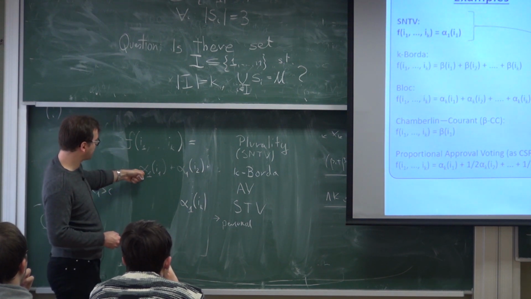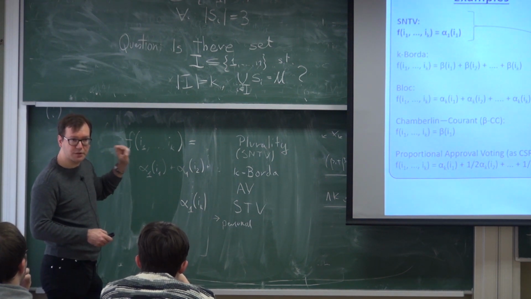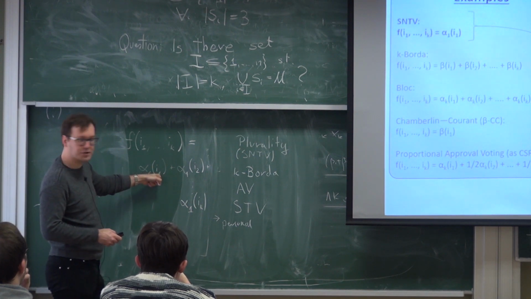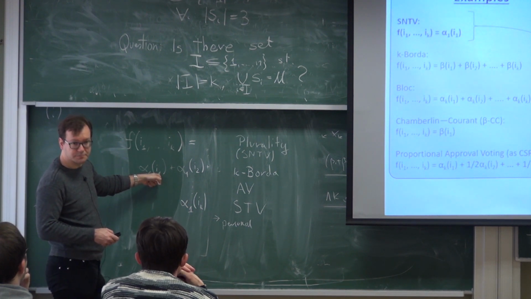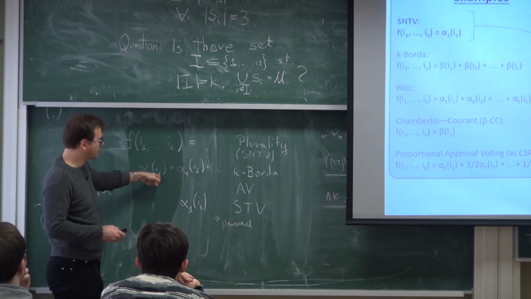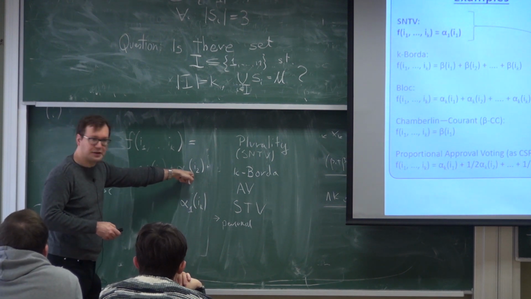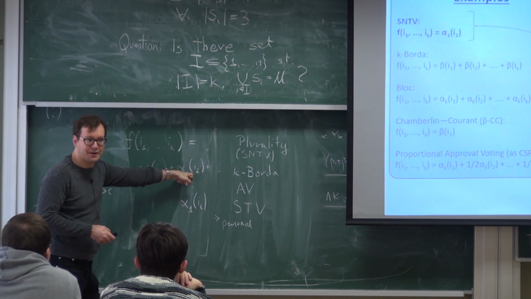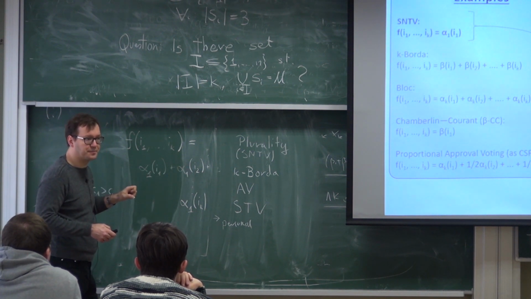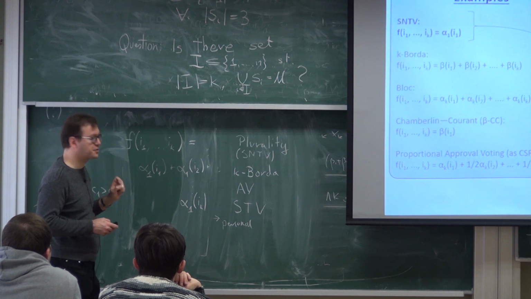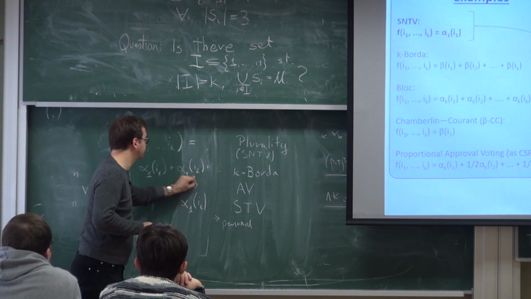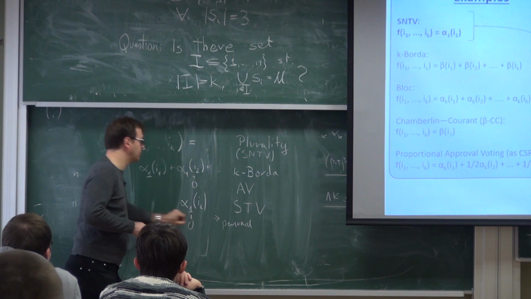Why can I make such a summation? Because this is approval 1 score, which means I'm giving 1 point if the position is 1 and that's it. So the top guy in the committee maybe is ranked first. But certainly the second best guy in the committee will not be ranked on the first position. He can be at best ranked on the second position, and so this will always be 0. And this will always be 0.